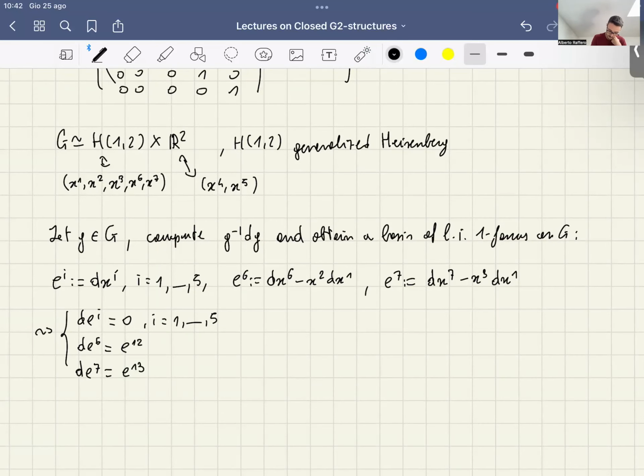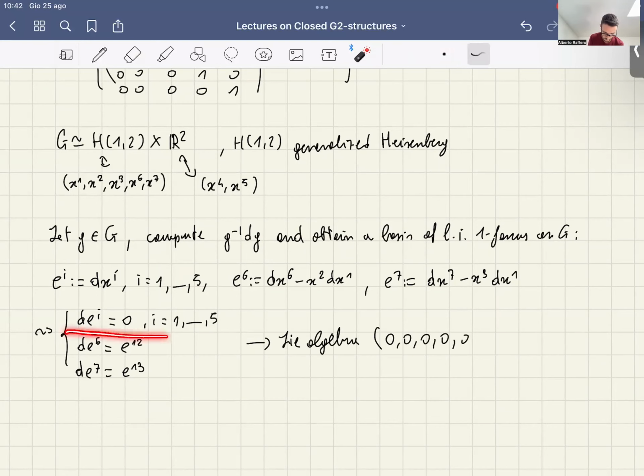So in compact notation, you can say that this gives you the Lie algebra denoted as follows. You have 5 times 0, recalling that you have 5 left invariant one covectors that are closed, going with the indices from 1 to 5.